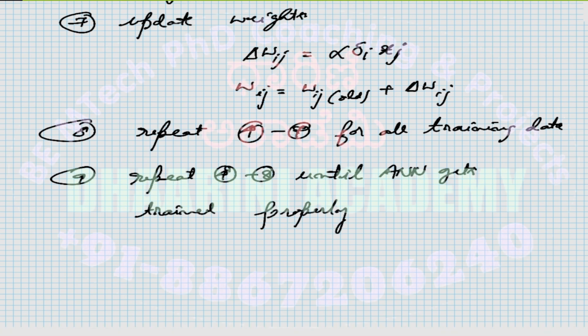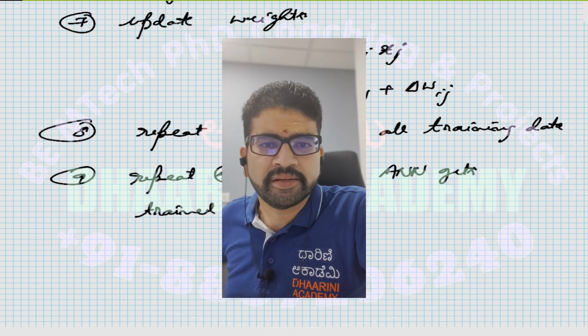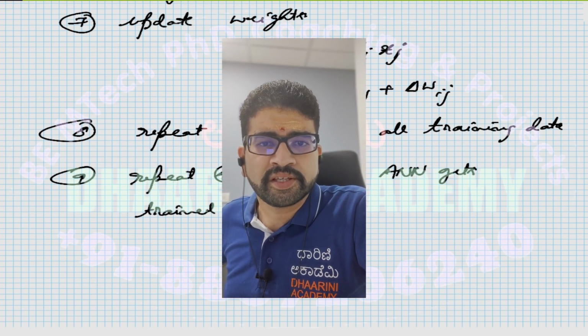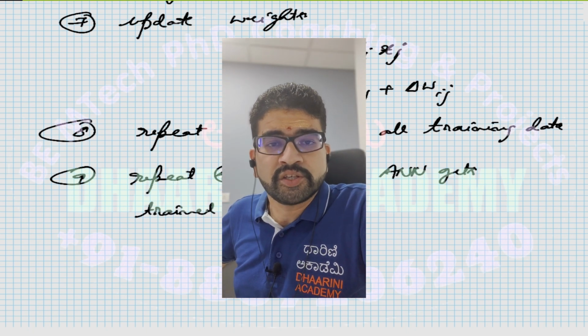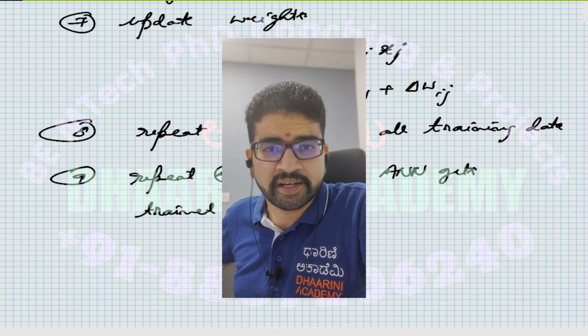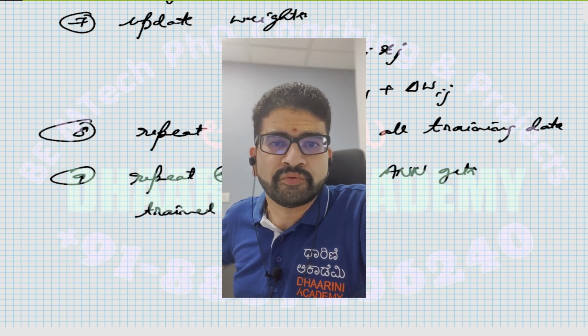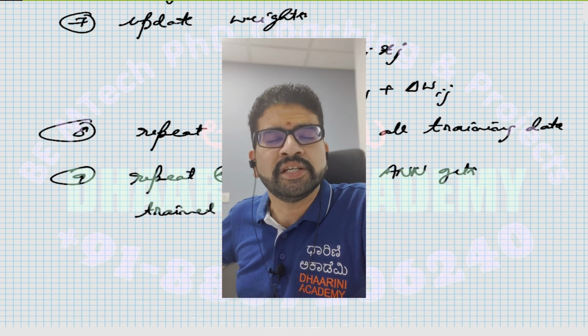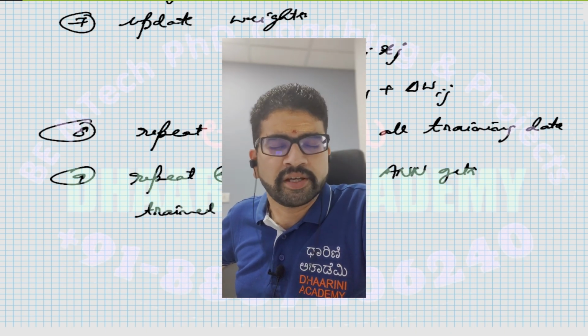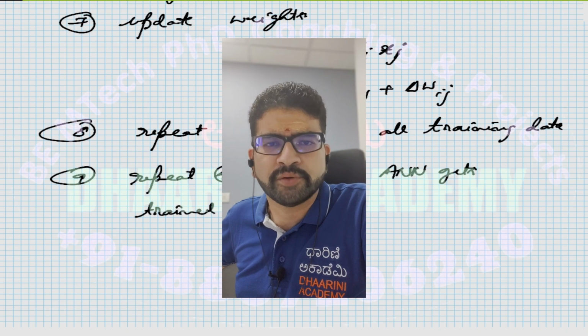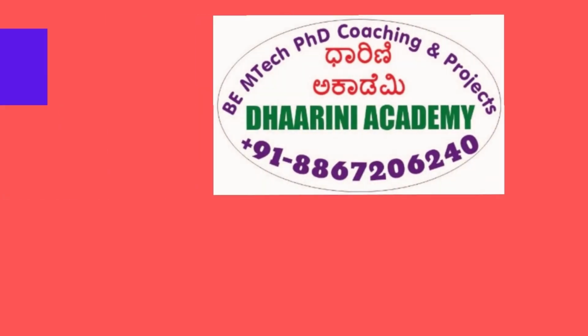Until we train the neural network properly, step number 4 till step number 8 needs to be repeated. Once this is finished, we can say that the epochs which you have decided are complete, because steps 4 to 8 once means one epoch. So 4 to 8 repeated several times means you are performing the number of epochs which you have defined inside your algorithm. So we expect that the machine learns properly once you do till there.